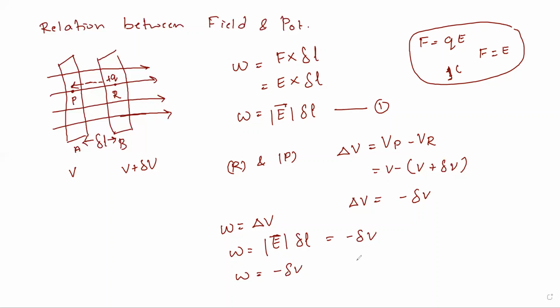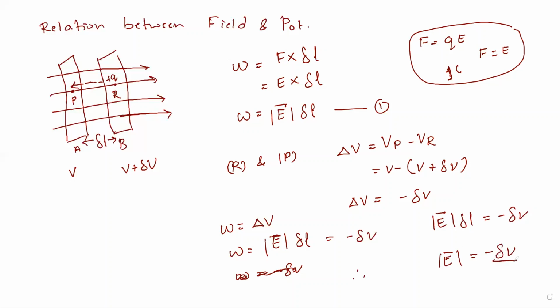Therefore, the final expression will be, instead of W, sorry, I made a mistake. Instead of W, we will consider vector E delta L is equal to minus delta V. So now I want vector E. So what will I get?